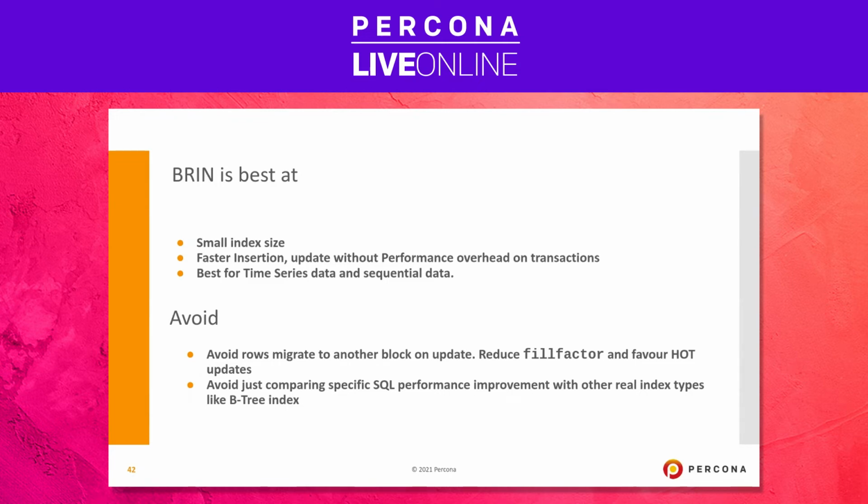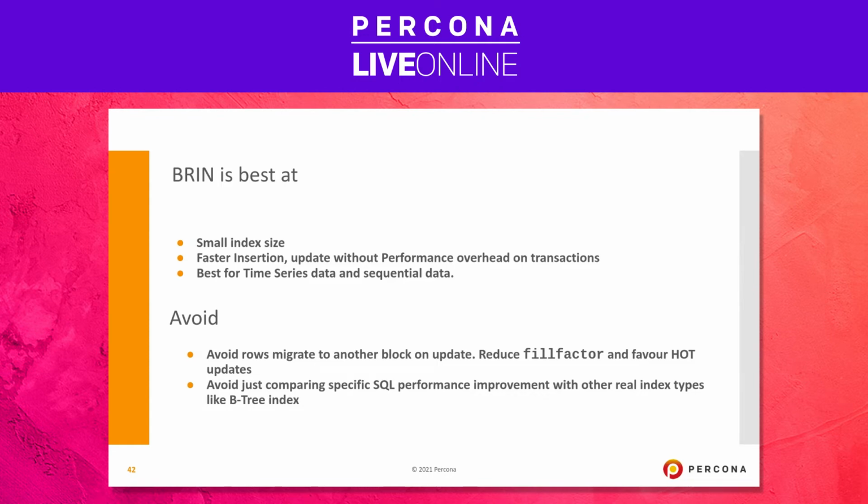And it is faster in insertion, because the autovacuum workers take care of the index update later. This is best used in time series data and sequential data. Nowadays we have a lot of IoT devices which give time series information, and BRIN index is good for that.